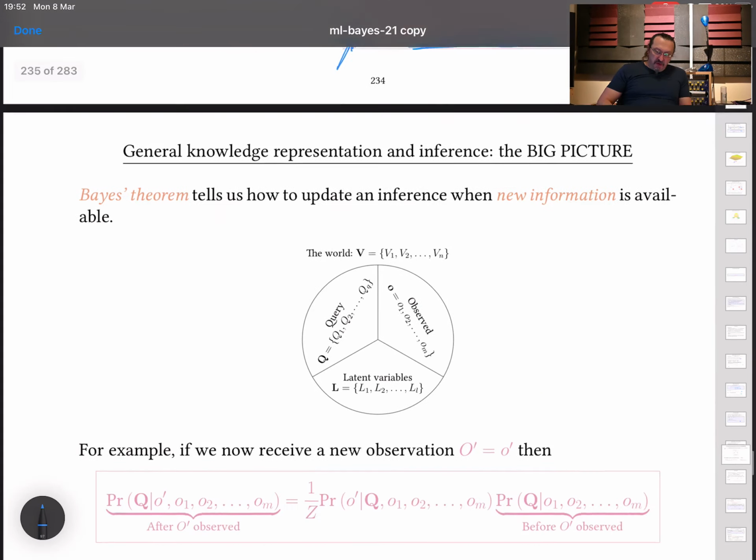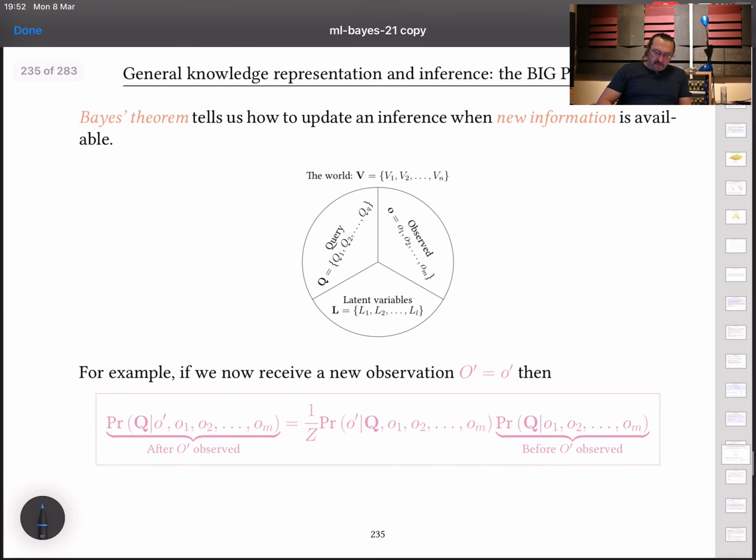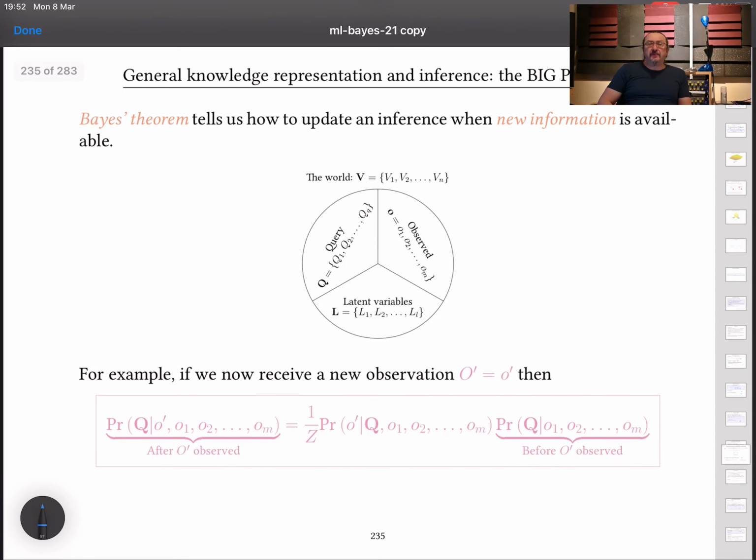The other thing you can do with this picture is consider Bayes' theorem as being a means of updating your beliefs when some new information comes along. In this case, having some new information comes along just means that you get to learn an observation, a specific value, for one of the variables that was previously latent. So a new observation O prime comes along.